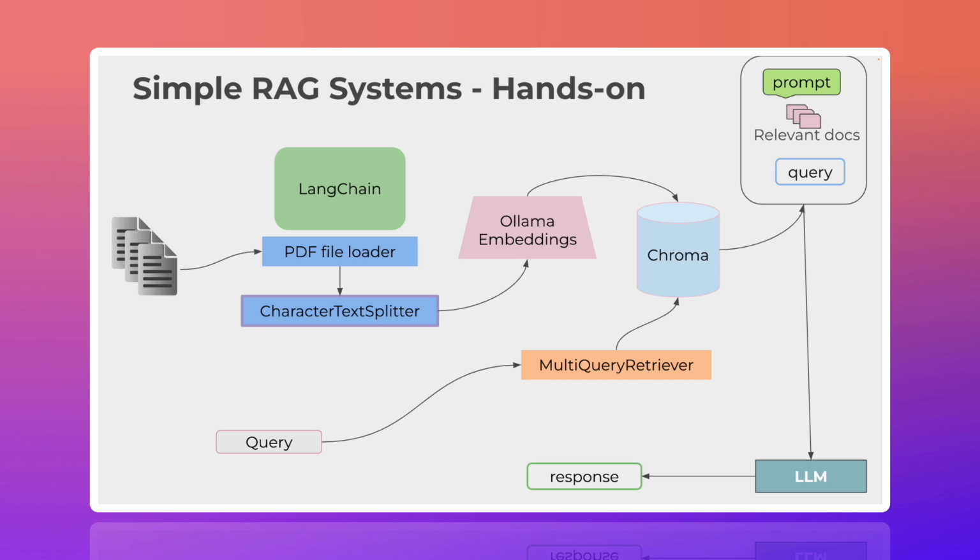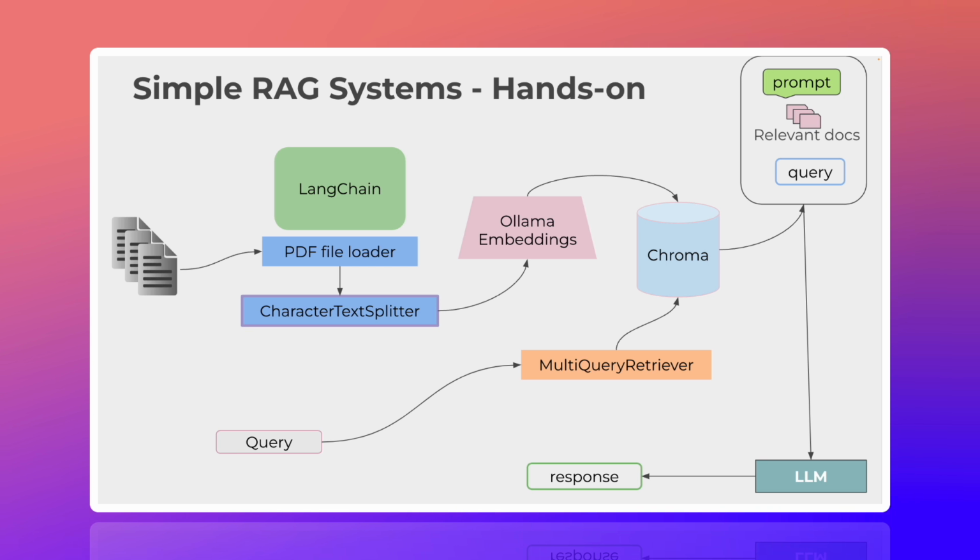And then what will happen is that we're going to pass in a query, and we're going to use, again, LangChain's multi-query retriever, which will do all the things it needs to do to transform this query into embeddings, of course, and search the Chroma database with all those embeddings. Then it pulls out the most similar pieces of information or documents, and puts it all together: relevant docs, query, and prompt.